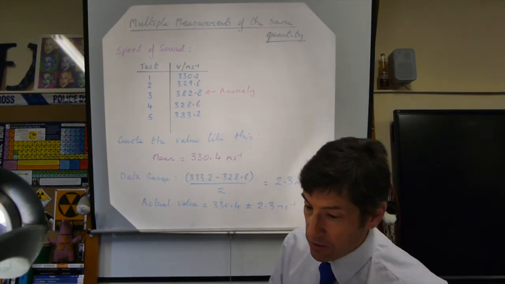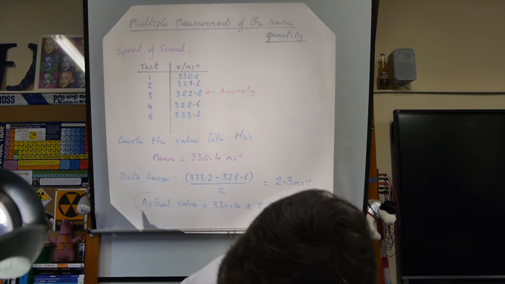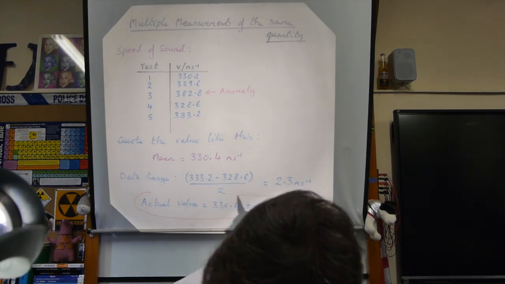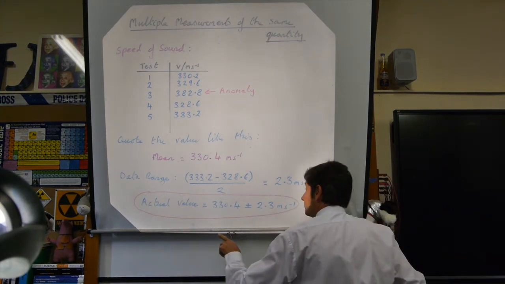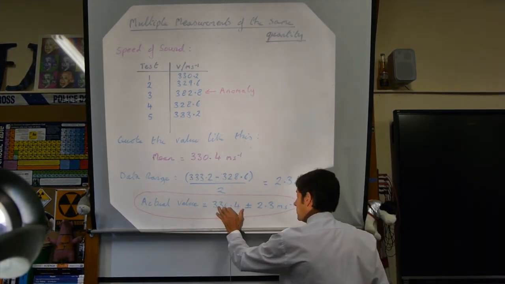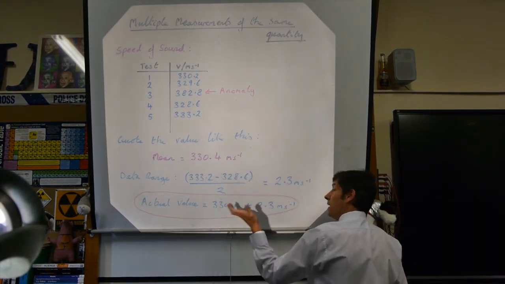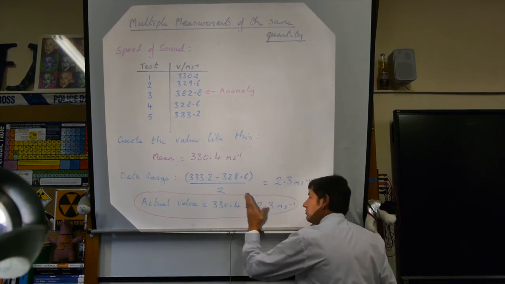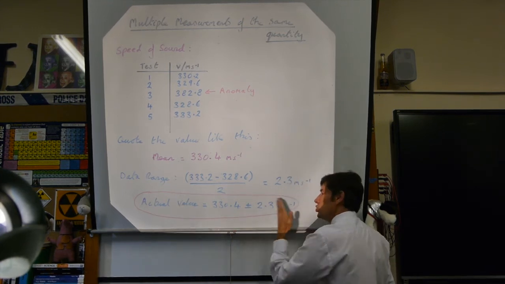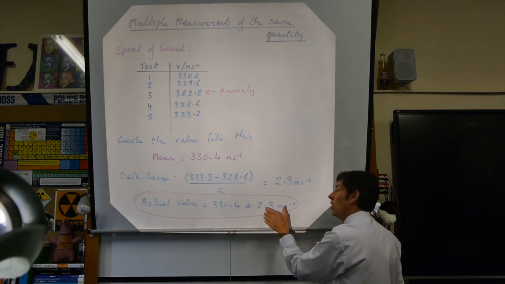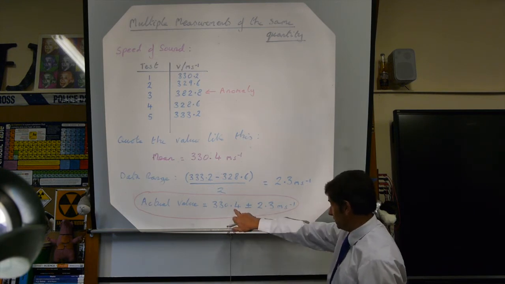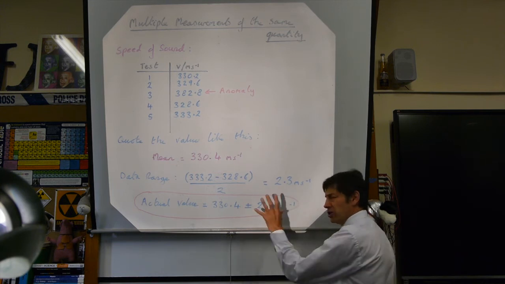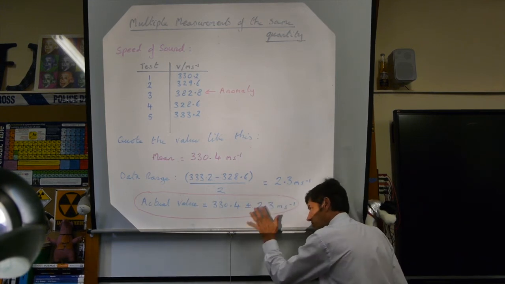So there is our correctly quoted answer from our experiment. We found the average, and we've told people who are reading about this how much the actual value could vary from that within what bounds. And you'll notice these are to the same number of decimal places. There's some argument about how you do this, but this will do.